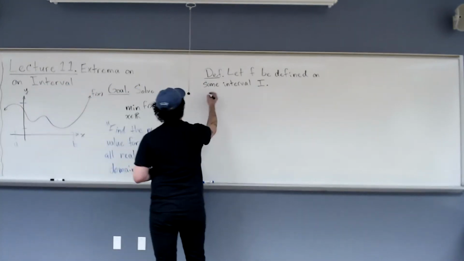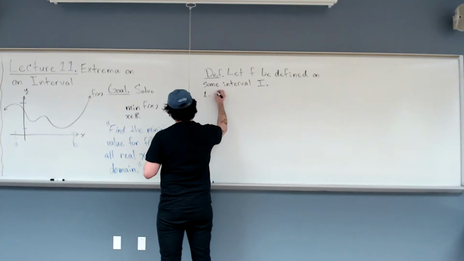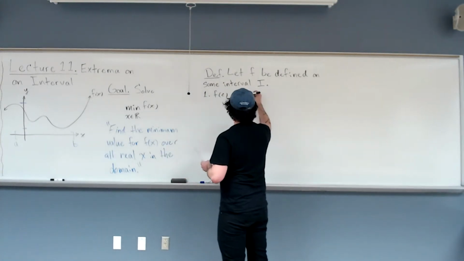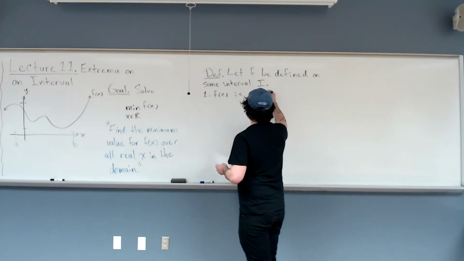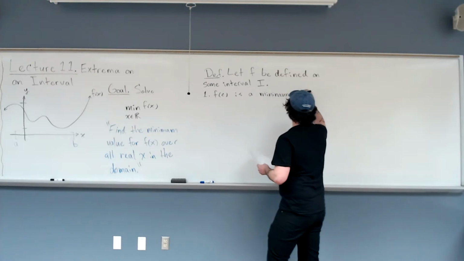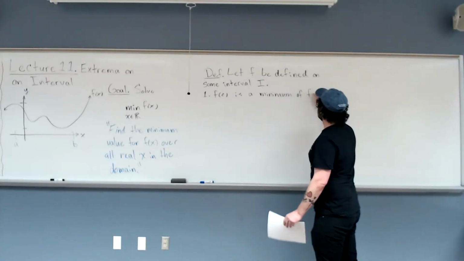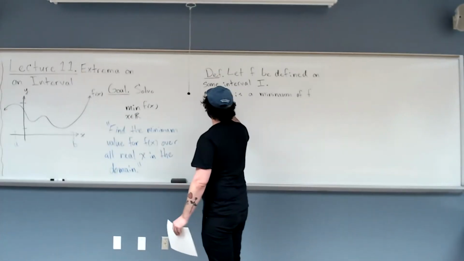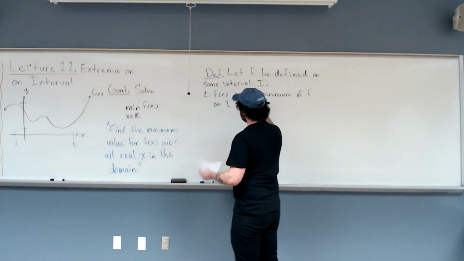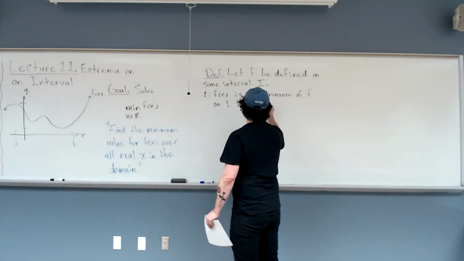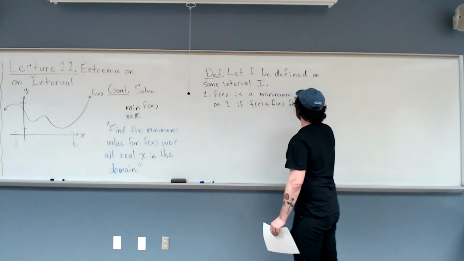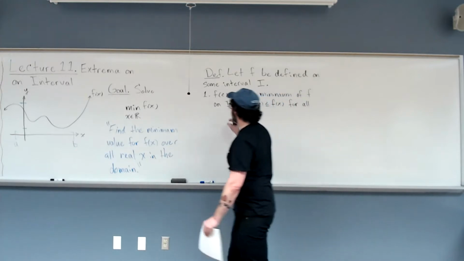So one, f of c is a minimum of f on I if f of c is less than or equal to f of x for all x in I.